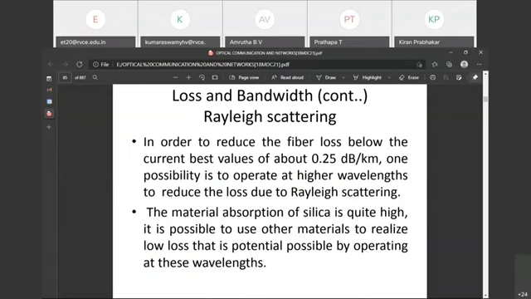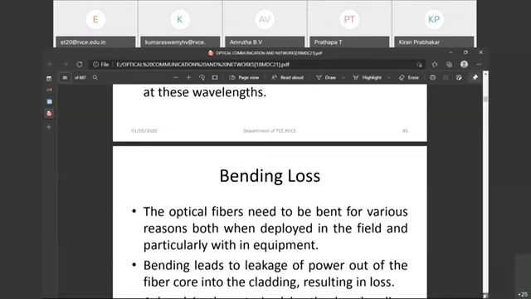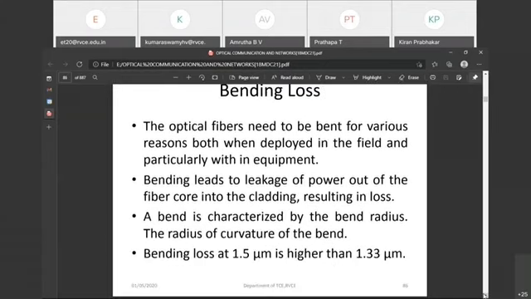When you use a higher wavelength, the Rayleigh scattering will be less, but the material absorption of silica might increase, so you need to go for other materials. That is the information we got. Next we are going to the bending loss.